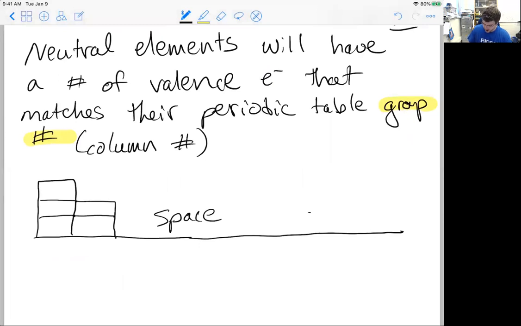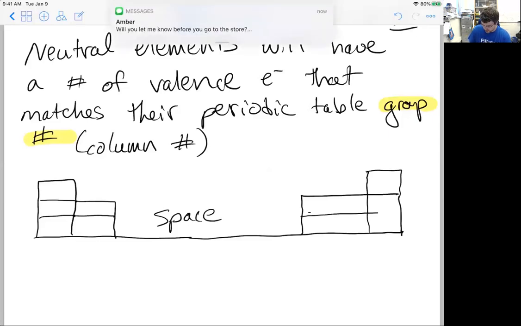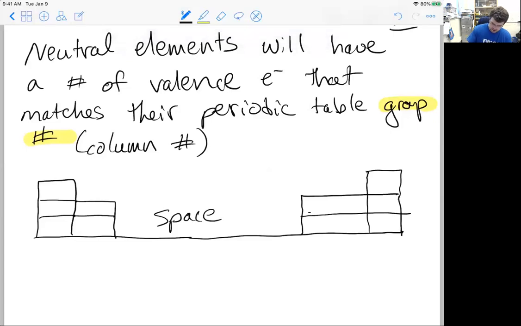It works for several important elements, but not necessarily every single element. So what I'm doing now, and hopefully you're keeping up with me, is that we are sketching a periodic table.